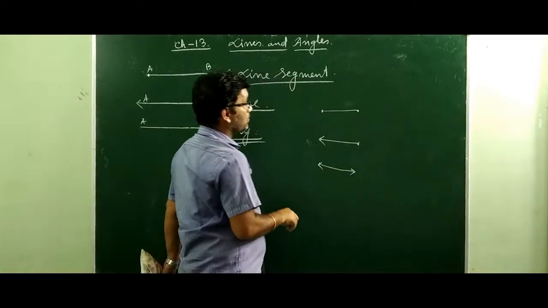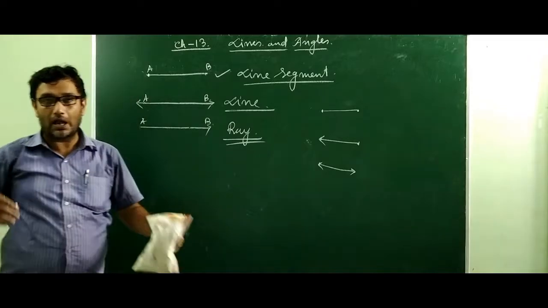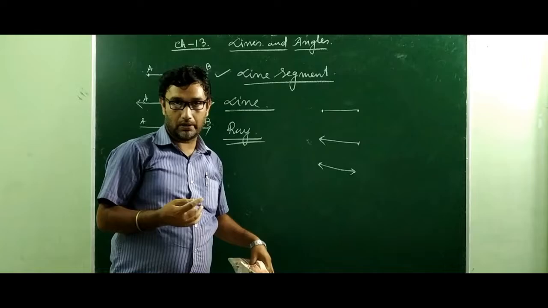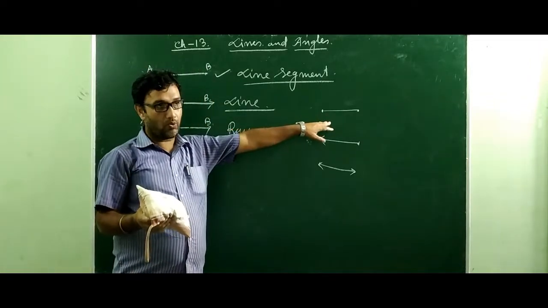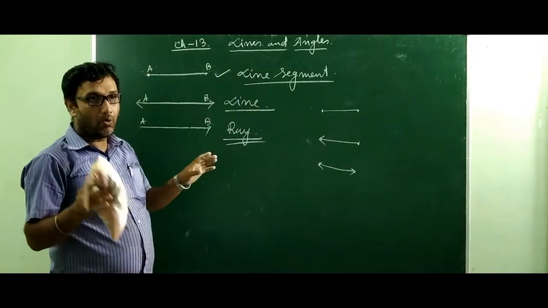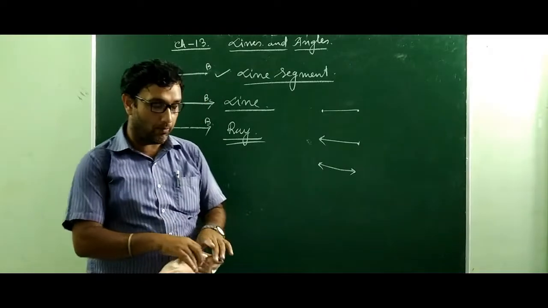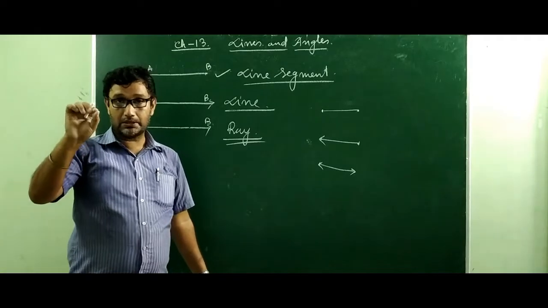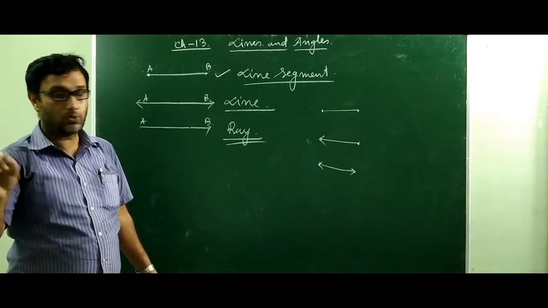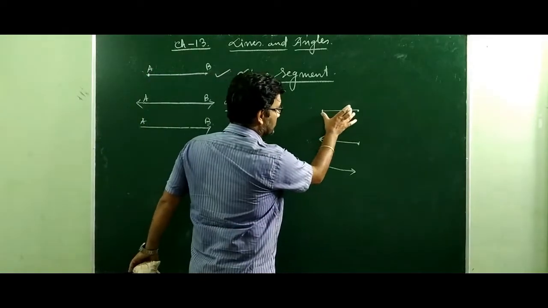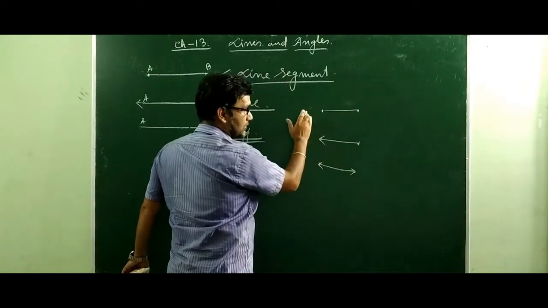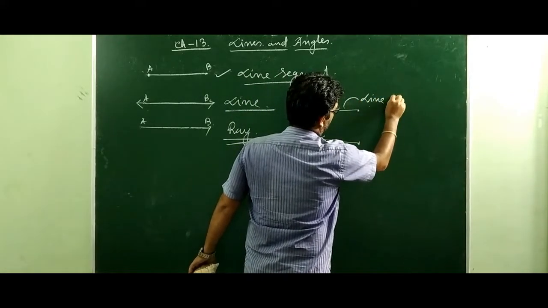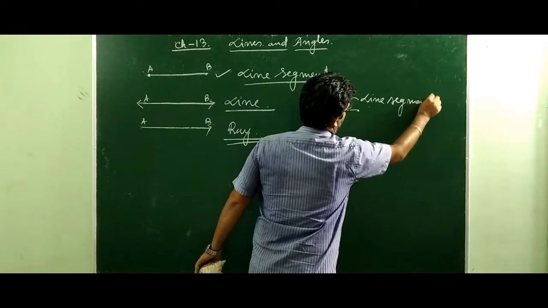If I ask you to identify each one: the first one, according to our definition, has both the starting point and the ending point in your diagram. A line segment is the shortest distance between the 2 points, and we can't extend it anymore on either side. So the first diagram is your line segment.